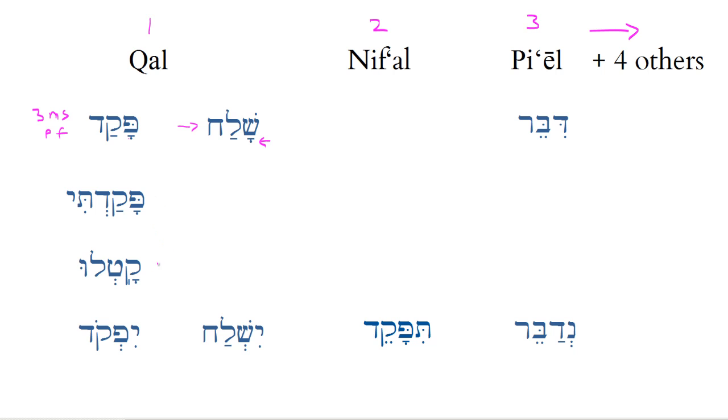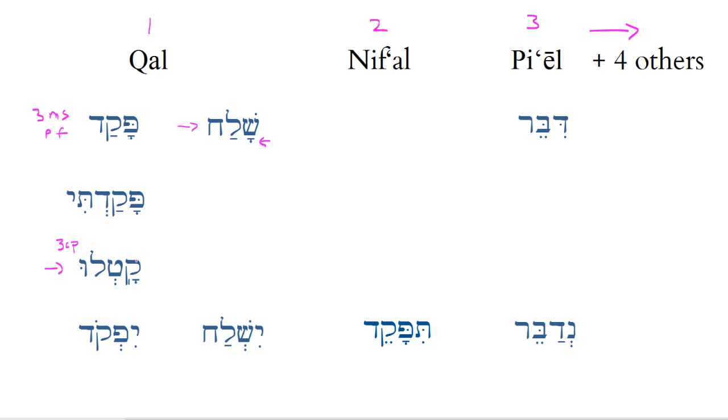Let's move on down to this third line. Here we have a form that we've seen before. This is a qal perfect third common plural. We have not seen this particular root, but we've seen ones that are like this. They did something, this third common plural form. This is qatlu, and notice here that there is no prefix.